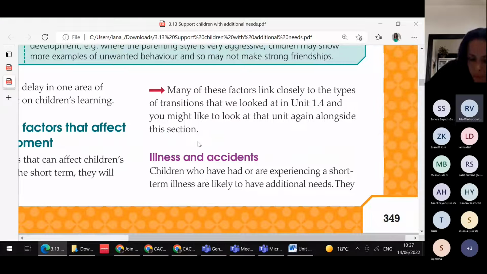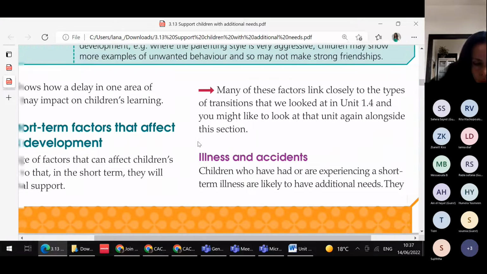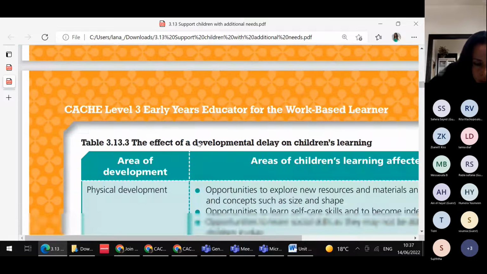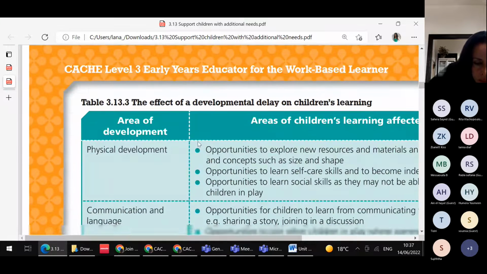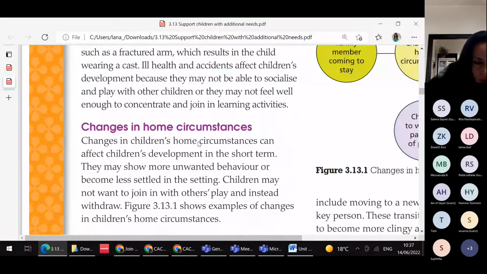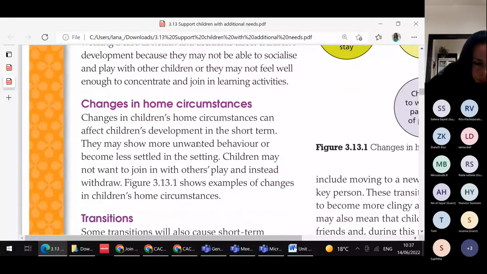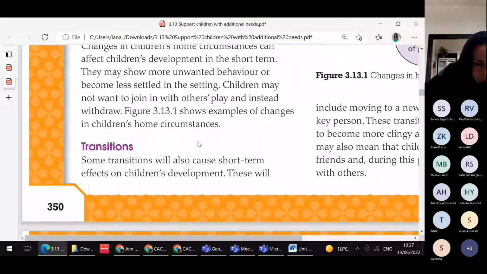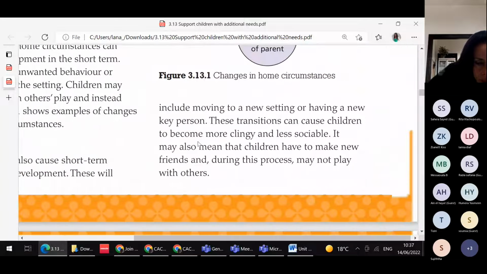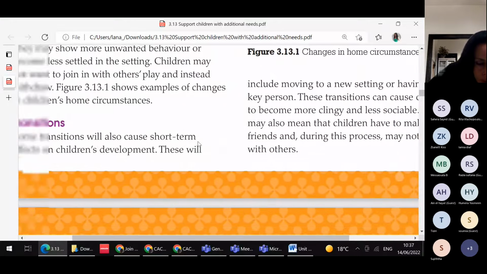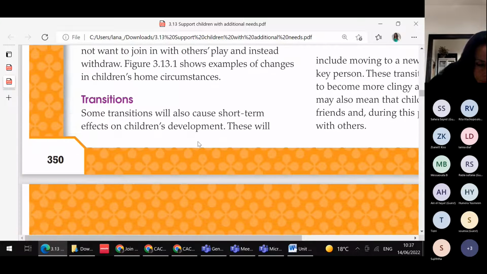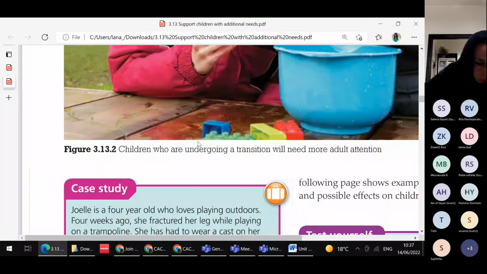Temporary. So we have illness and accidents in the short term, and we have changes in home circumstances, and we have transitions. So can you talk about any of these factors? Can you tell us about these factors?